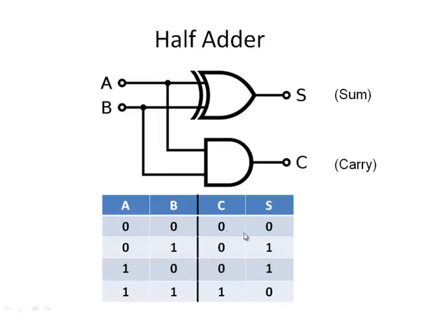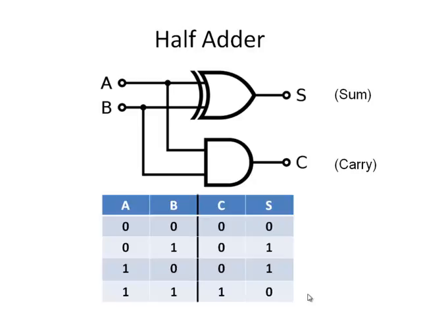So 0 plus 0 equals 0, 0 plus 1 equals 1, 1 plus 0 equals 1, 1 plus 1 equals 2, and this row here shows us the binary representation for the number 2. So I hope you can see that what we have here is a simple circuit that will do some addition.